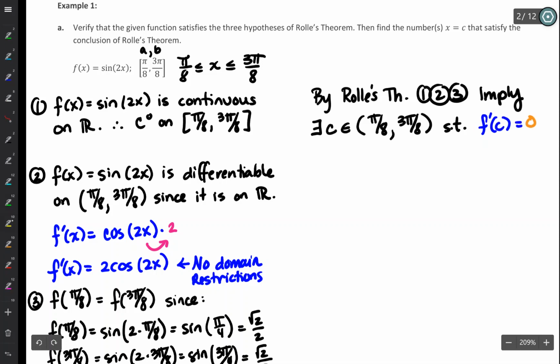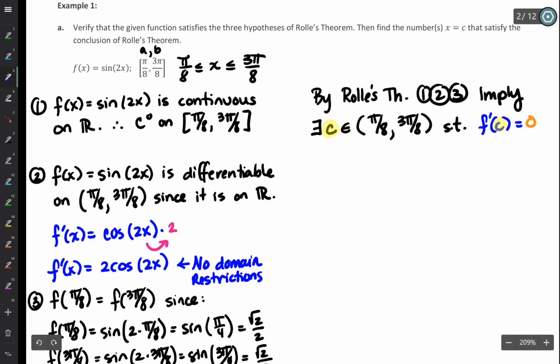So there's some number strictly between pi over 8 and 3 pi over 8 such that the derivative of sine 2x is 0 there. Sine 2x must have some sort of horizontal tangent somewhere in that open interval.